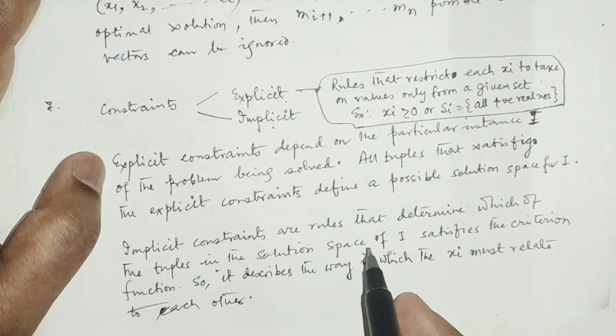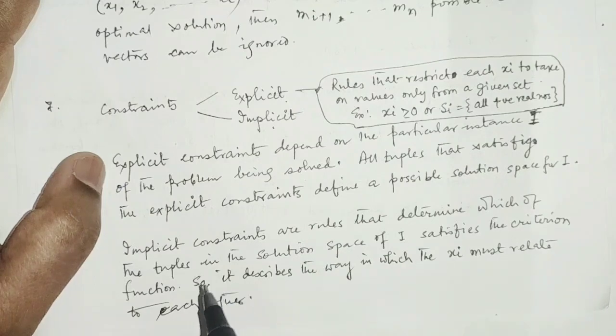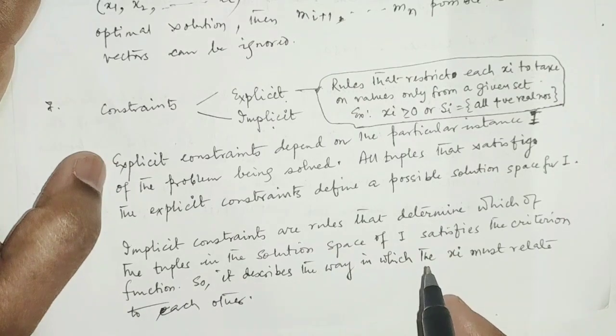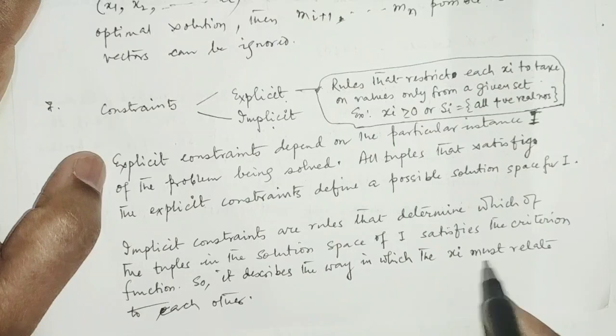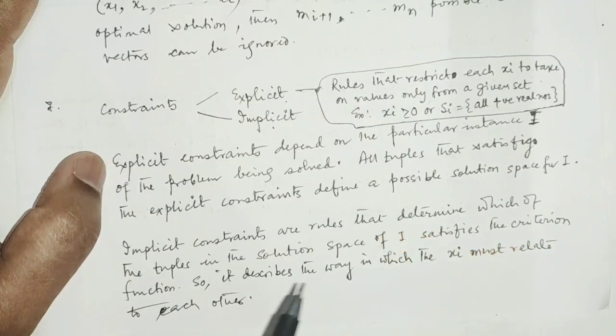Because I told you there should be a criterion function, and satisfying which you are leading to the solution. So it describes the way in which the xi must relate to each other. Okay, so already I have told the solution of the Queen's problem.